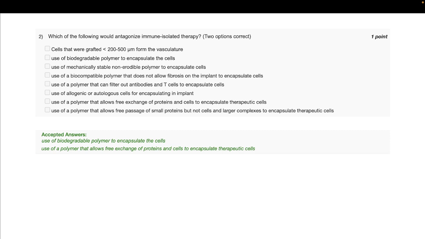And the next was use of a polymer that allows free exchange of proteins and cells to encapsulate therapeutic cells. Again, the same problem. If the membrane is porous enough to allow proteins and cells to enter, it might let the immune cells of the patient's body to enter the encapsulation, or certain cytokines can enter it, which will then trigger the immune response, which is what we don't want. So these two options were correct for the question.